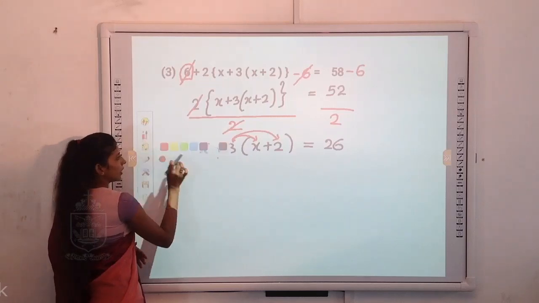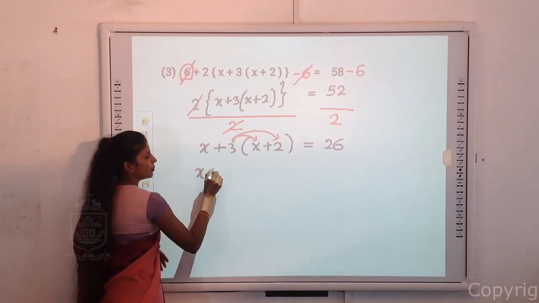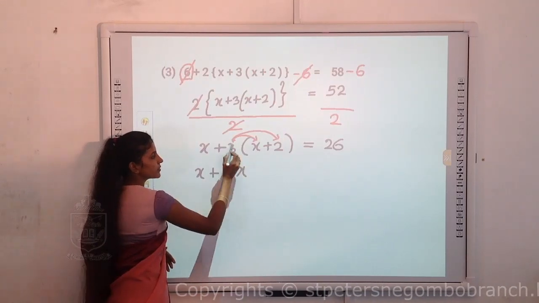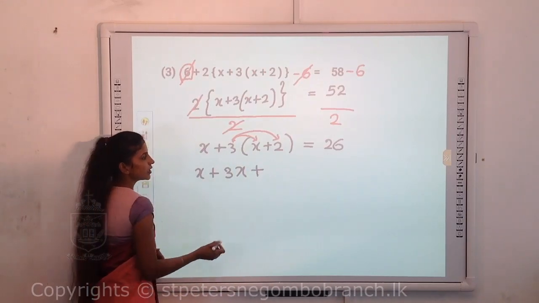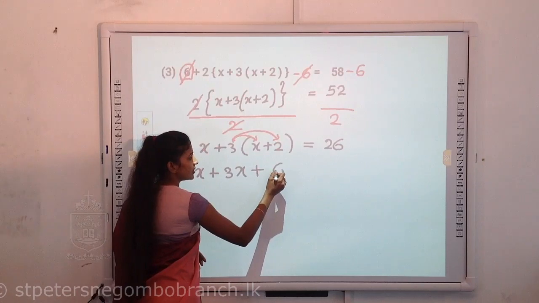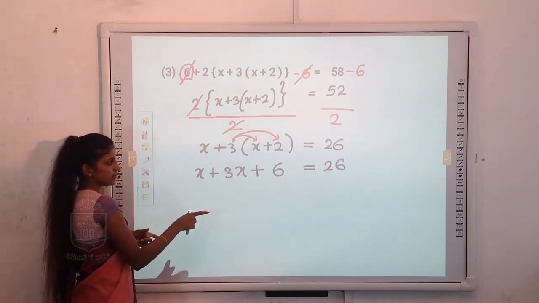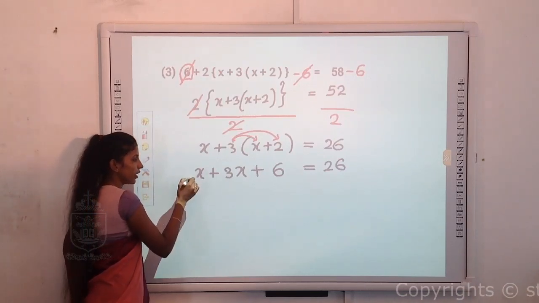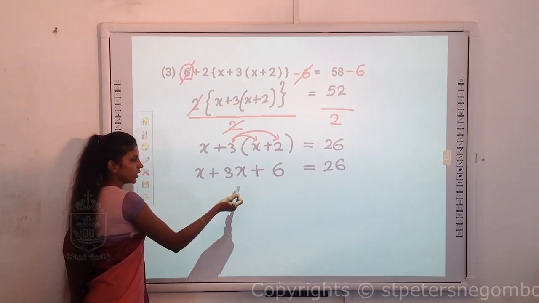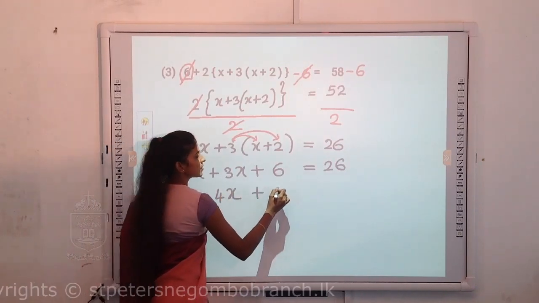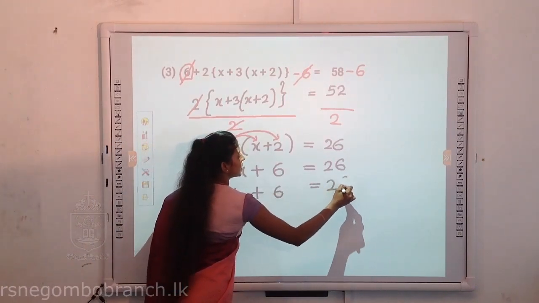So here you have x plus 3 times x, 3x, plus, and 3 times 2, the answer is 6. Now there are x's here: you have only 1 here and 3 here, so altogether 4x plus 6 equals 26.